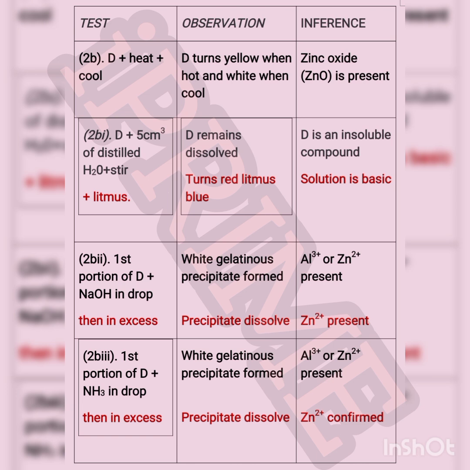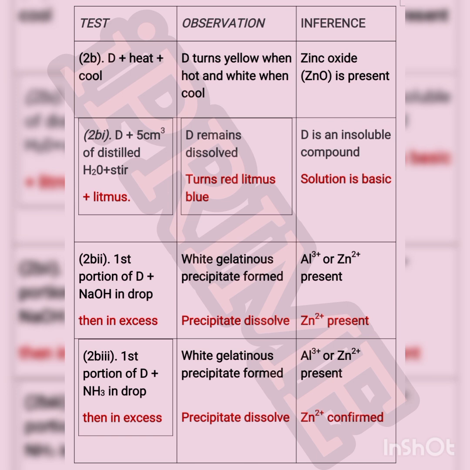Then back to our sodium hydroxide plus solution D, in drops. You should write under observation that a white gelatinous precipitate formed. This indicates the presence of either aluminum ion, Al3+, or zinc ion, Zn2+.